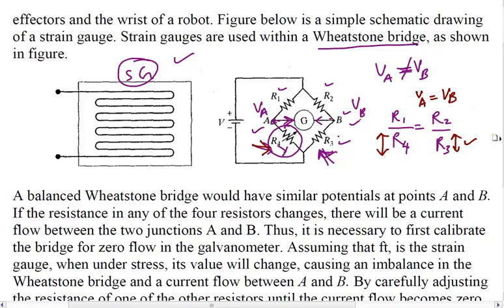I will always try to maintain VA equal to VB by changing the value of R3. But it is the robot or the controller that is changing R3. So basically it will be able to understand what is the resistance of R4 by looking at R3, which is changing for making the galvanometer point to zero current.